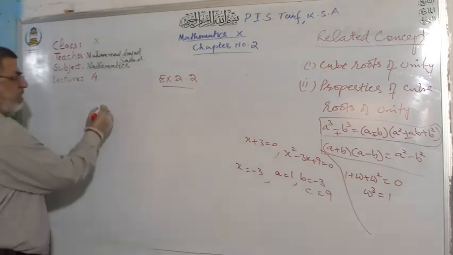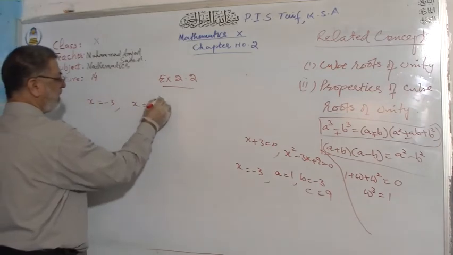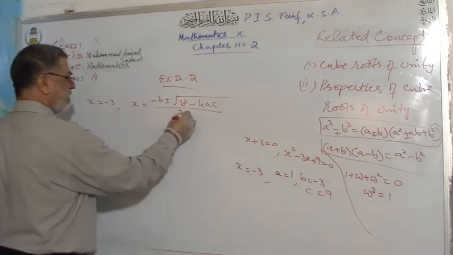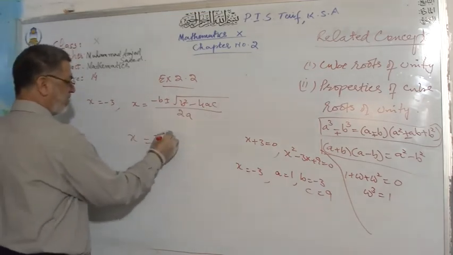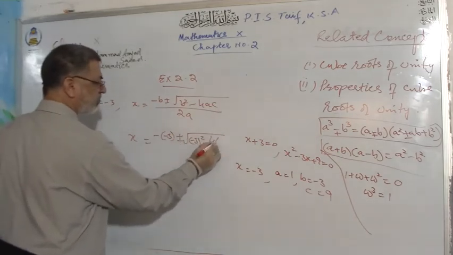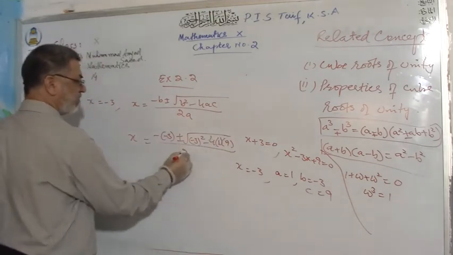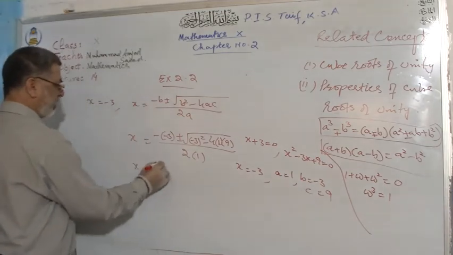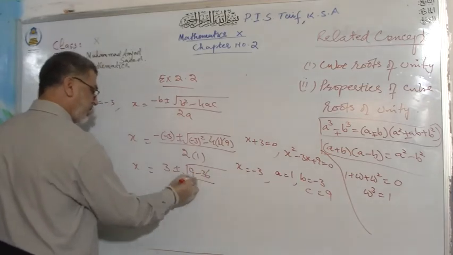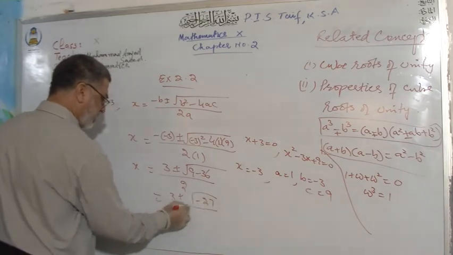So applying the quadratic formula, x is equal to minus b plus minus under root b square minus 4ac over 2a, which is minus into minus 3 plus minus under root minus 3 square minus 4 into a is 1, c is 9, over 2 into 1. X is equal to 3 plus minus under root 9 minus 36 over 2, that is 3 plus minus under root minus 27 over 2.